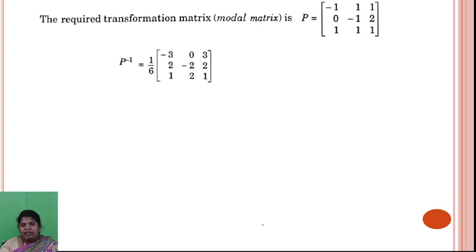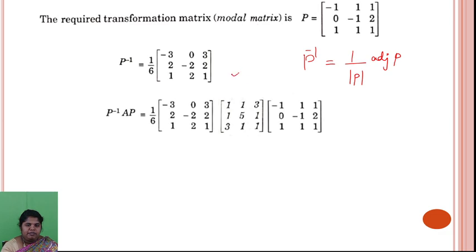Now find P inverse. Since you know it is 1 by modulus P into adjoint of P, take the adjoint matrix and divide by modulus P, the determinant of P. So this is P inverse.